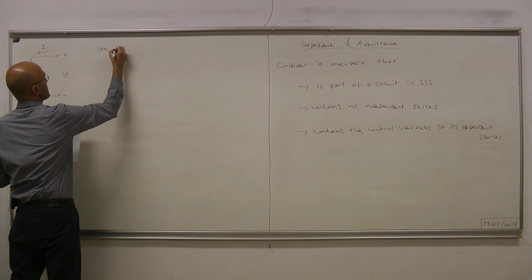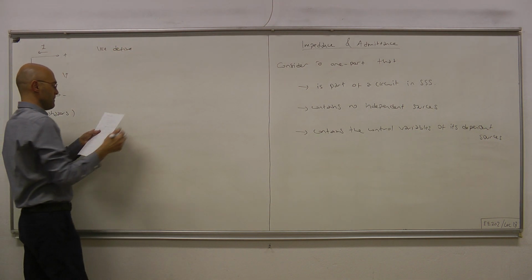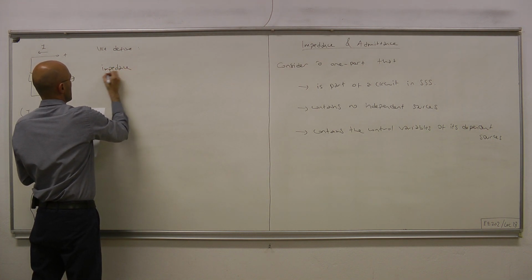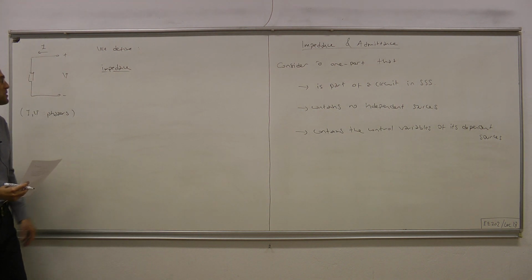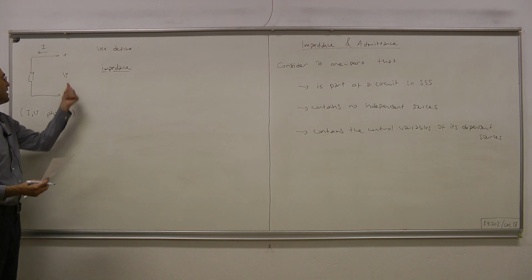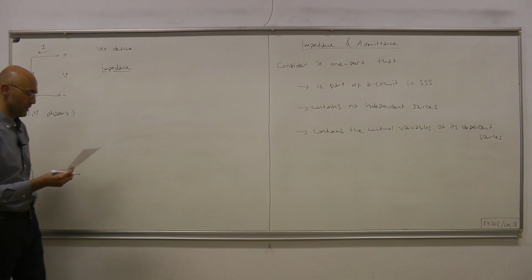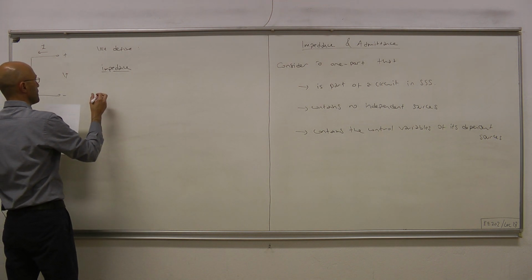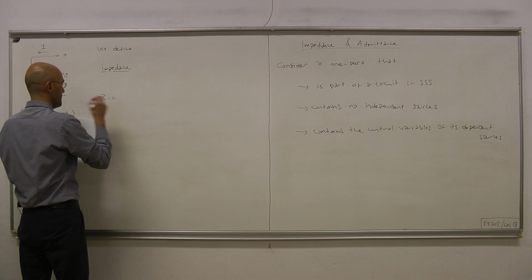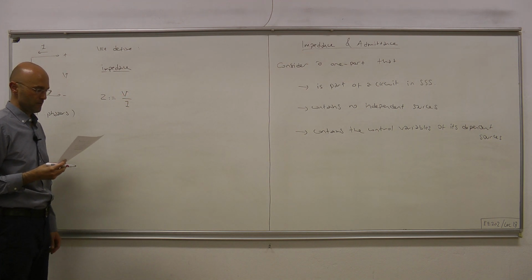And for this one-port, one can define the following. First, impedance. Impedance simply is generalized resistance, by which we mean the ratio of voltage phasor to current phasor. Impedance is usually denoted by the letter Z, and it's the ratio of voltage phasor to current phasor.